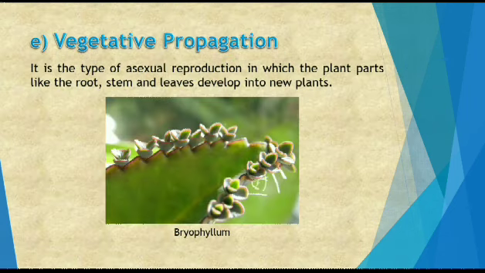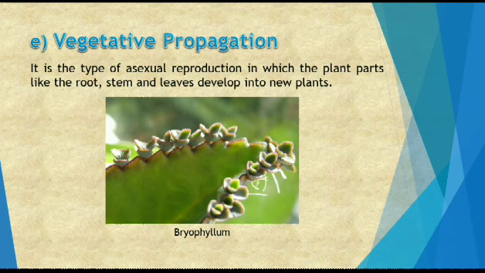Next one is vegetative propagation. As the name says, vegetative means plants; it occurs only in plants. It is a type of asexual reproduction, as I already told. Some plant parts have the capability to develop a new plant.